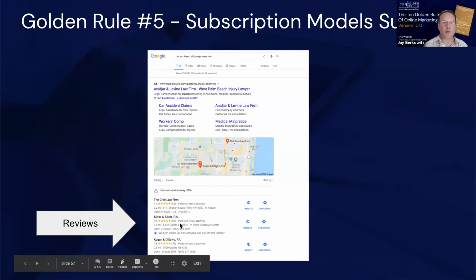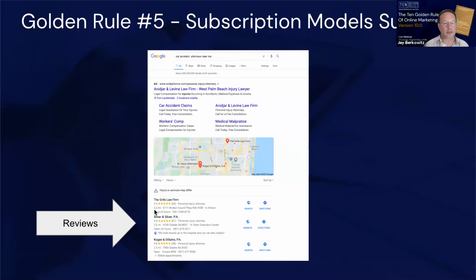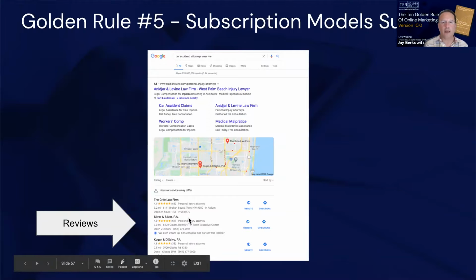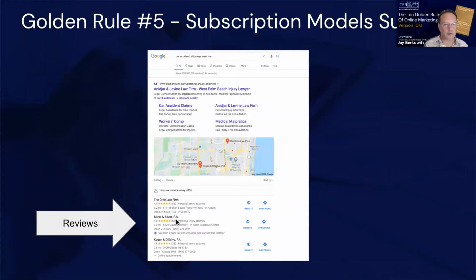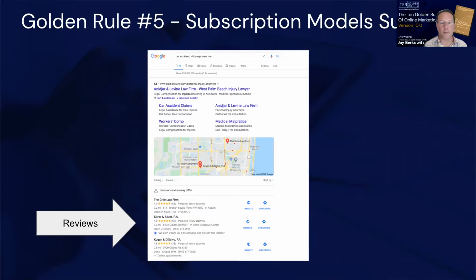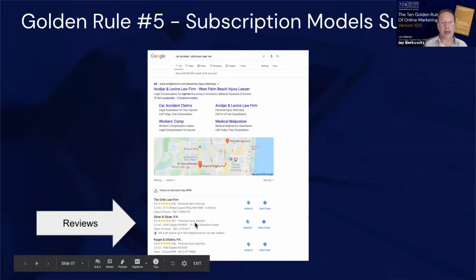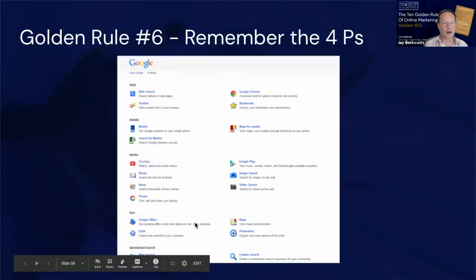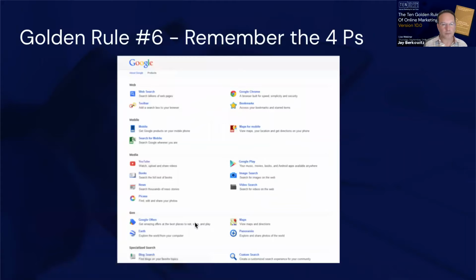And it's very important for the map SEO, because we see here that generally the people who come up in the 3-pack, so Google shows 3 map results, have lots of reviews, 61, 68, and 38 reviews. Generally, that's a big part of that mathematical algorithm. And again, we did a whole webinar on how to get listed in this map section, and you can find that on the 10 Golden Rules blog.